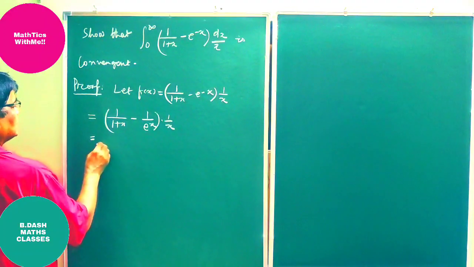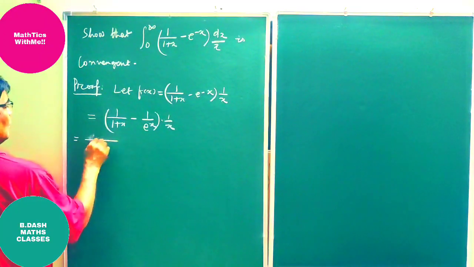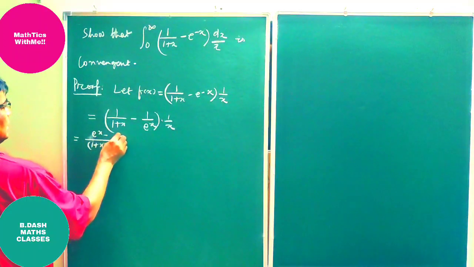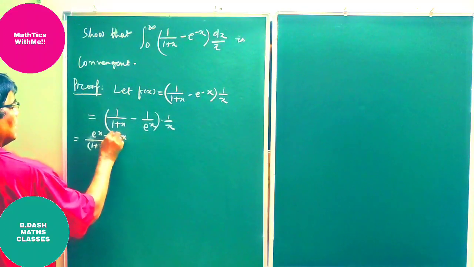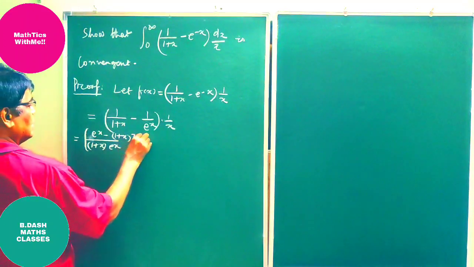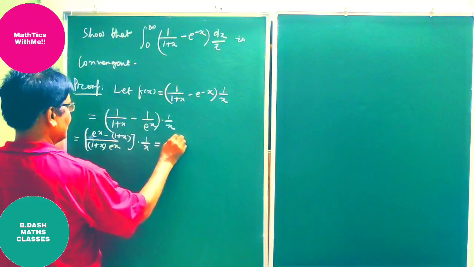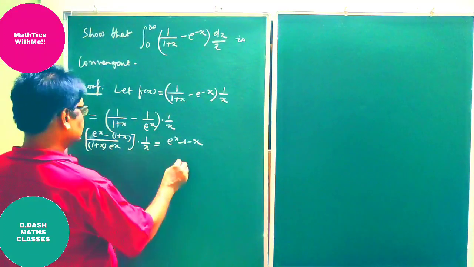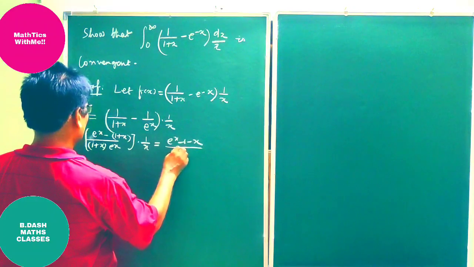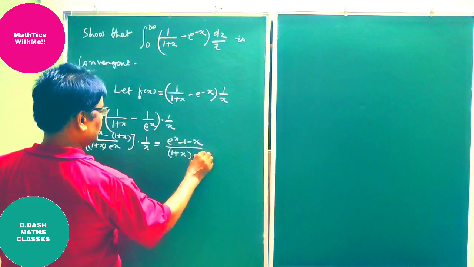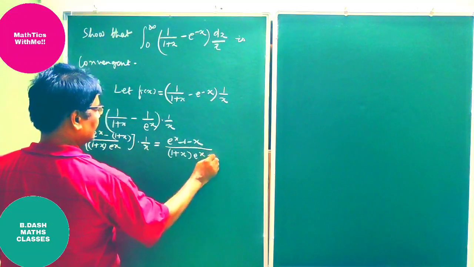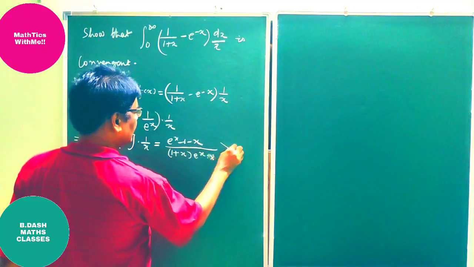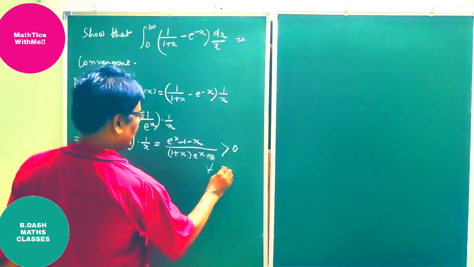So this is equal to (e to the power x minus 1 minus x) by (1 plus x) e to the power x into x, which is greater than 0 for all x greater than 0.